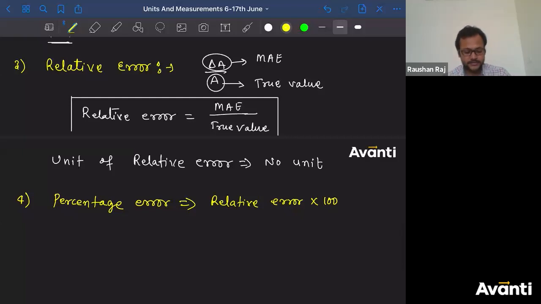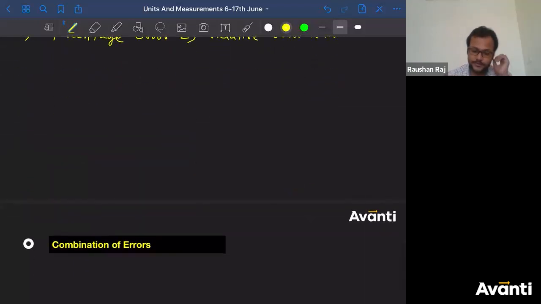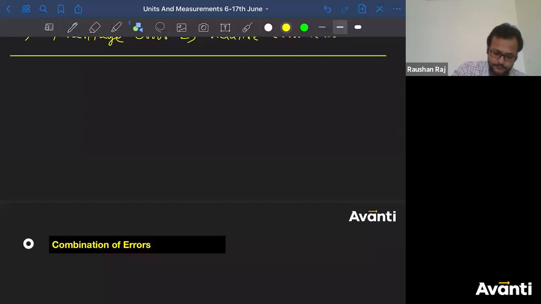All right. So let us solve some example. ठीक है, एक छोटा सा example solve करते हैं. This is an example from a book.